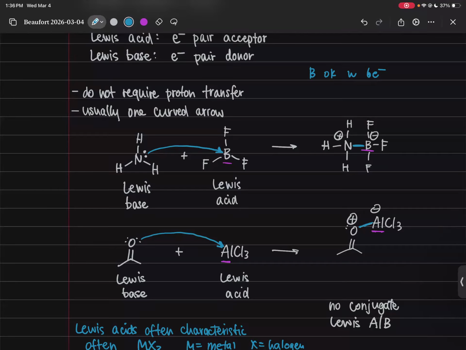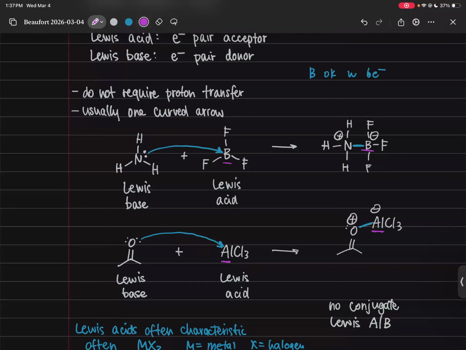If we have a boron atom that's already just got 6 electrons, or an aluminum atom that's already just got 6 electrons, and we add halogens to it, continuing to pull those very few electrons away from it, it really, really wants electrons. And so it really wants to accept an electron pair from a Lewis base, an electron pair donor like ammonia or a carbonyl compound.